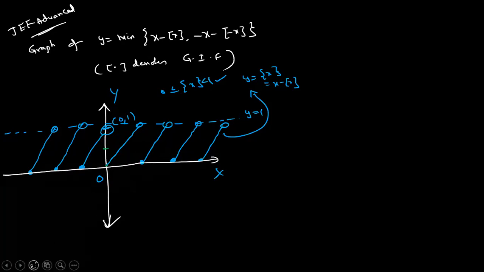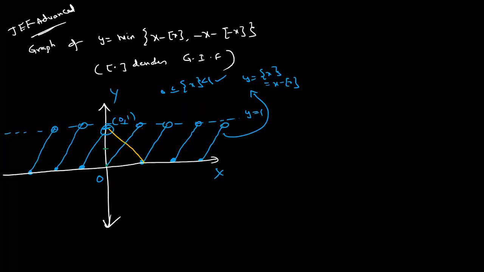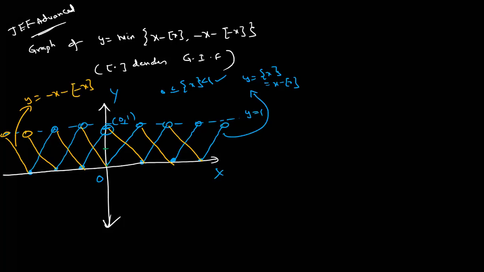So this is your graph of y is equal to minus x minus integral part of x. Fine. So these two graphs you are observing intersecting like this.